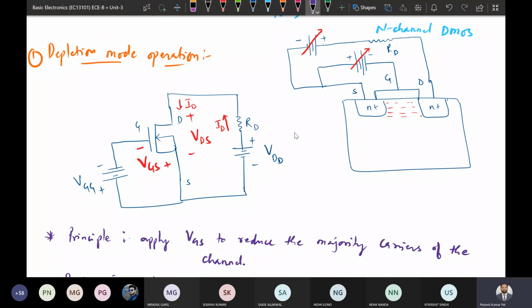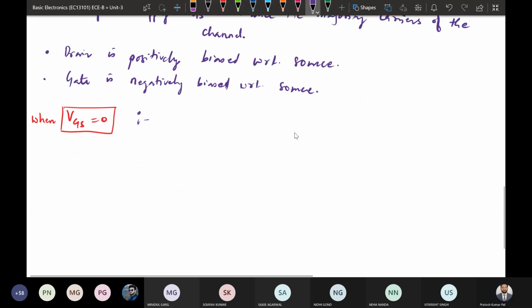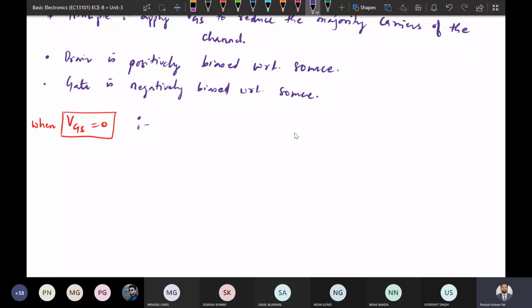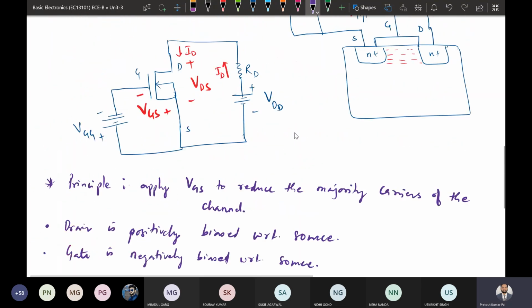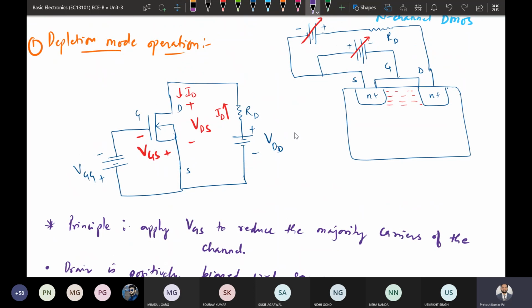When we apply a negative gate to source voltage, the electrons will be repelled and will move away from the channel. As electrons move away from the channel, there will be fewer electrons to conduct current, so there will be current reduction.